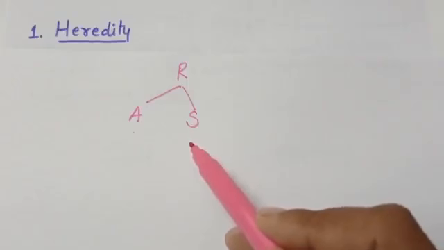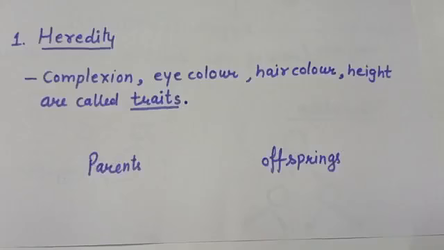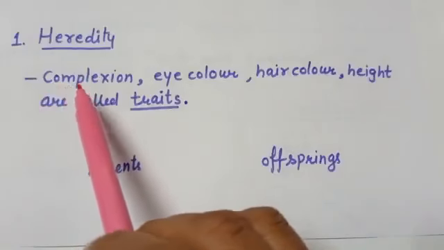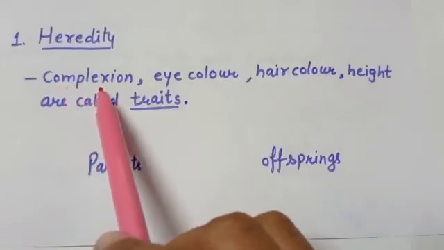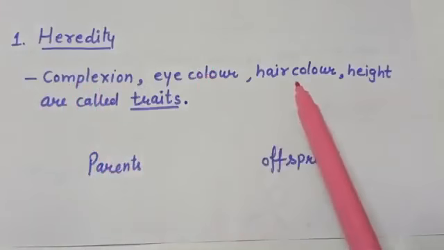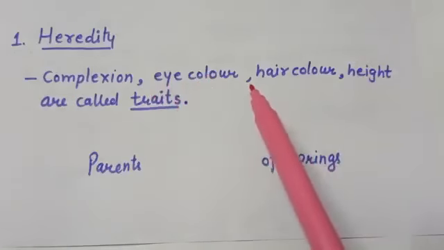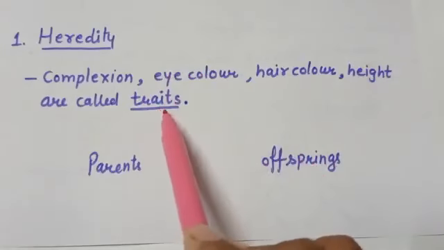So heredity is basically all about the characteristics, the traits. Heredity can be the characteristics, for example, the complexion, eye color, hair color, height. All these are the characteristics of an individual, which are called traits.